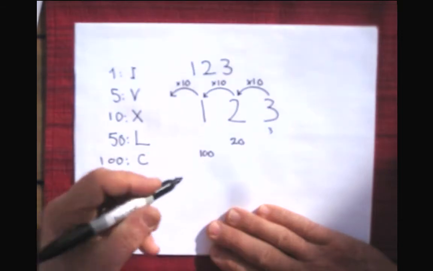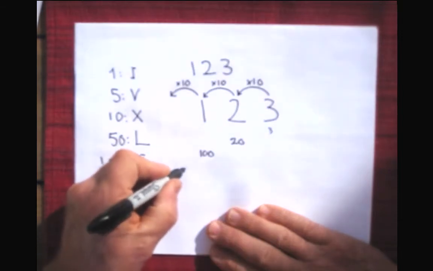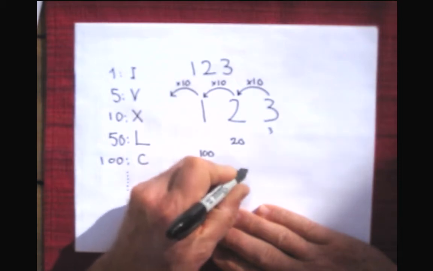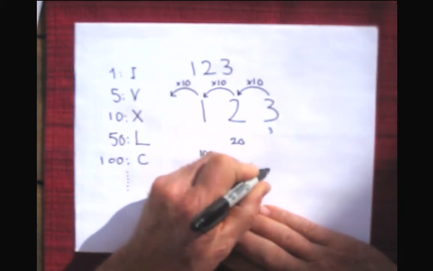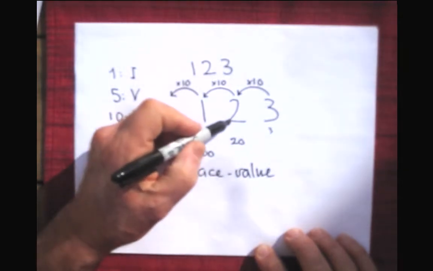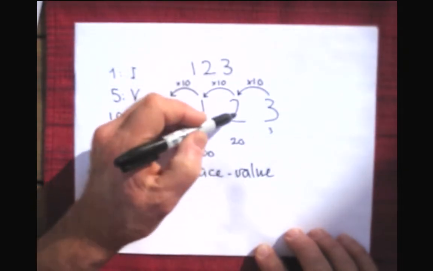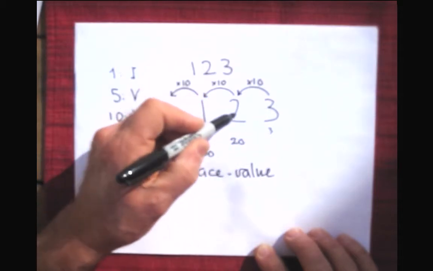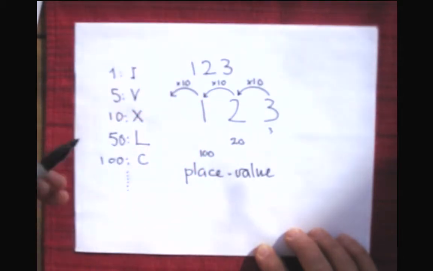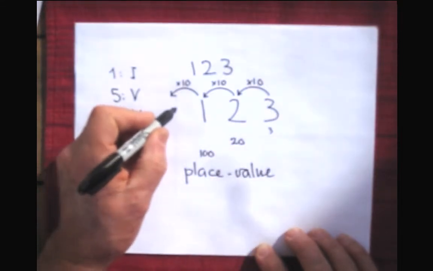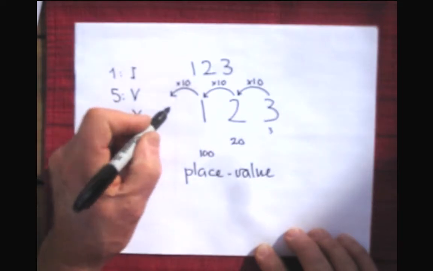123. This kind of system is called a place value system. Place value. Because the value of a number depends on where it is located. If it is located here, it's the ones, the tens, the hundreds, etc., etc. Now, notice that when you want to write a bigger number, you just add them to this side because it is times 10 times 10.